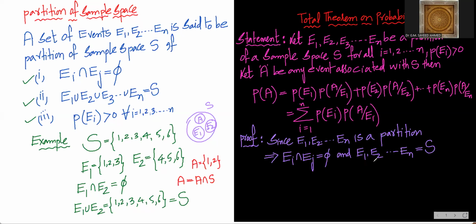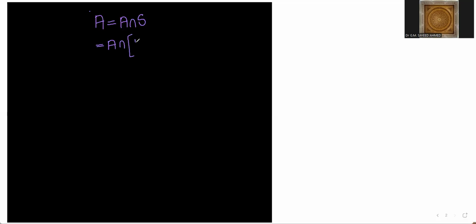E1 union E2 union, and so on, union En. This is the definition of partition. We use it here: in place of S, we are writing E1 union E2 union E3 and so on up to En.